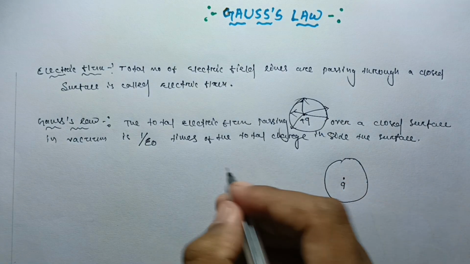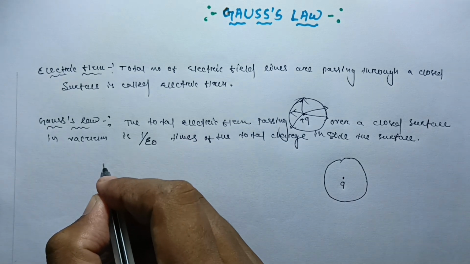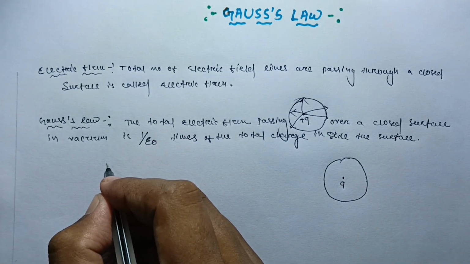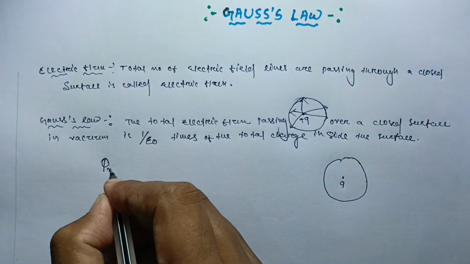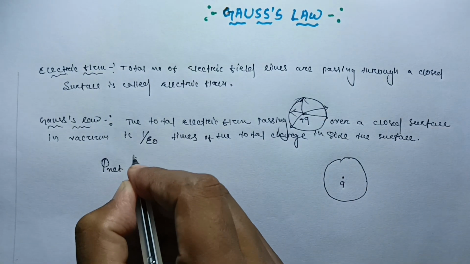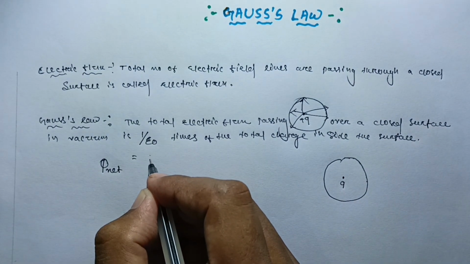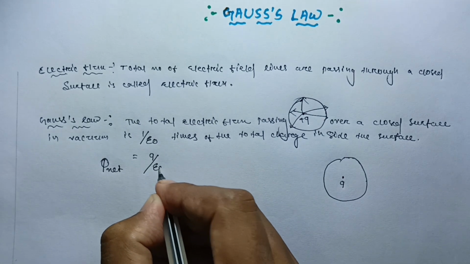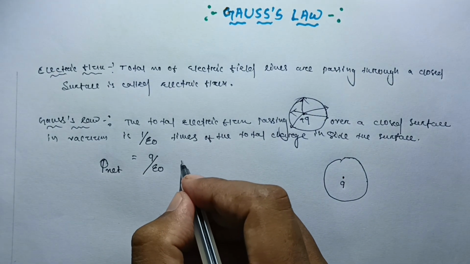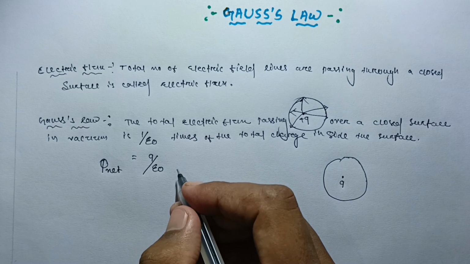So electric flux we can represent as phi. So net phi is equal to total charge by epsilon naught, where epsilon naught is a constant, right?